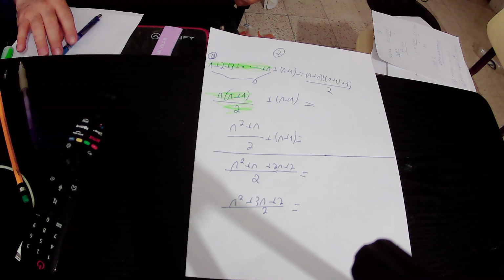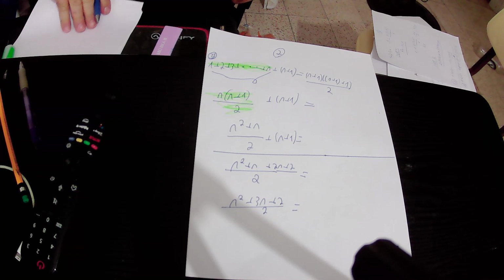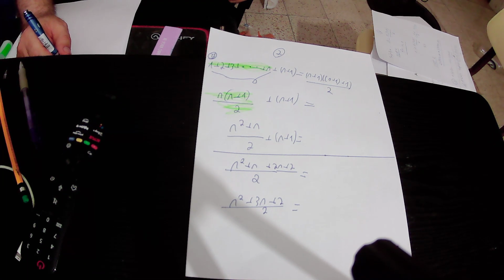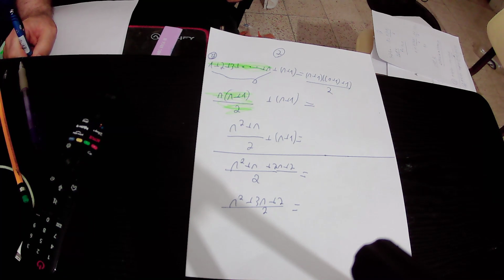we will solve this equation by the rule of the roots of the quadratic equation, which equals minus b plus minus root of b squared minus 4ac, all divided by 2a.